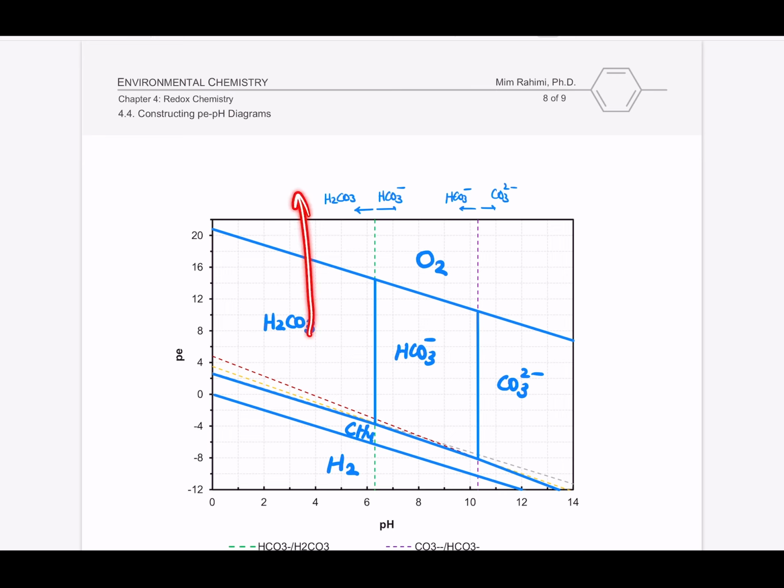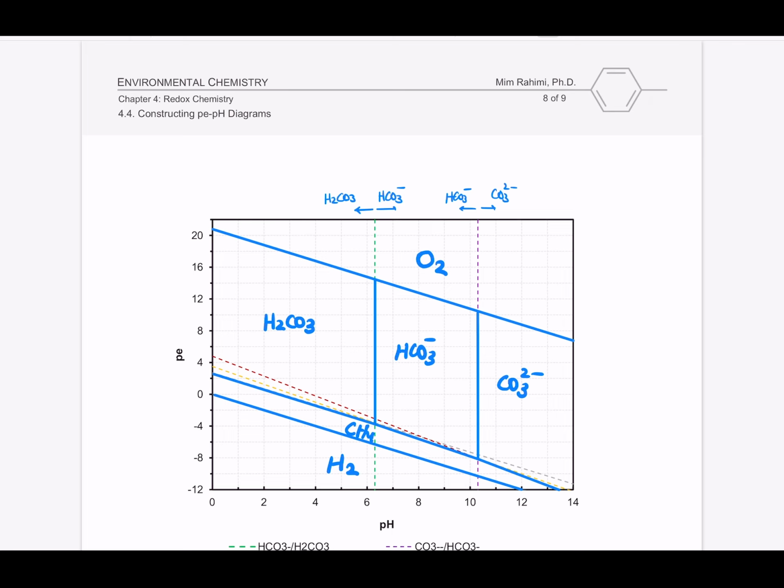Because if you change the electron activity, go up or down, if you reduce the electron activity, eventually water is splitting in terms of producing oxygen. If you reduce carbonic acid, you first form methane, but if you keep going, you form water, hydrogen, and so on.